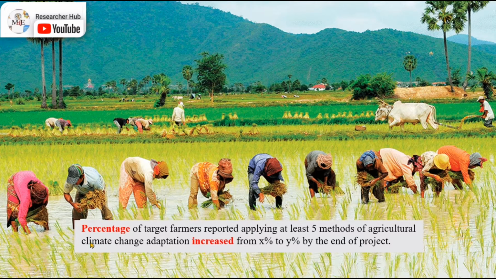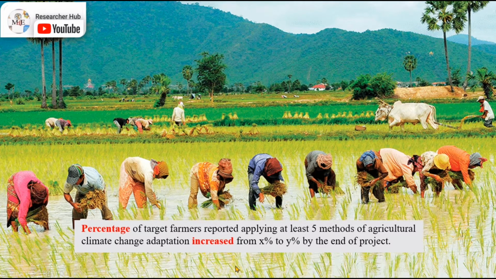By just reading the statement of the indicator, you understand that this indicator is only for measuring the outcome. It's not for the impact, right? So if you would like to have a good understanding and differentiate whether an indicator is for impact or for outcome, just make sure you watch another video.